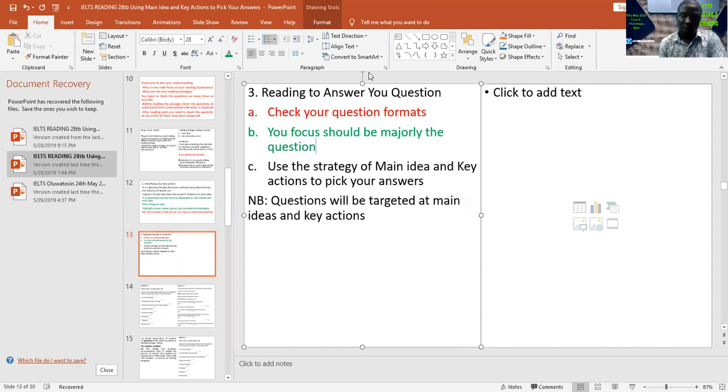Okay, this is to ensure that you do not have to memorize or cram anything or retain too much information in your head, because the passages are cumbersome enough. Then the next thing you will do is to use the strategy of main idea and key actions to pick your answers. Okay, so that's what we'll do now.